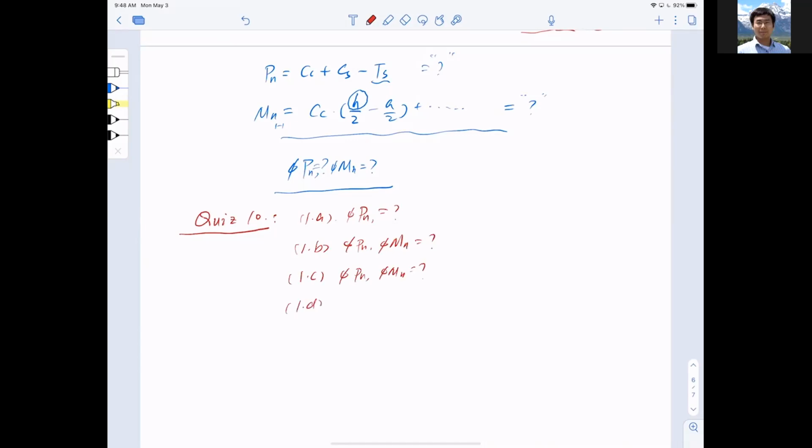And 1d, phi Pn and phi Mn are what numbers? And when you do this quiz, make sure the units are kips for P and kip-feet for moment.